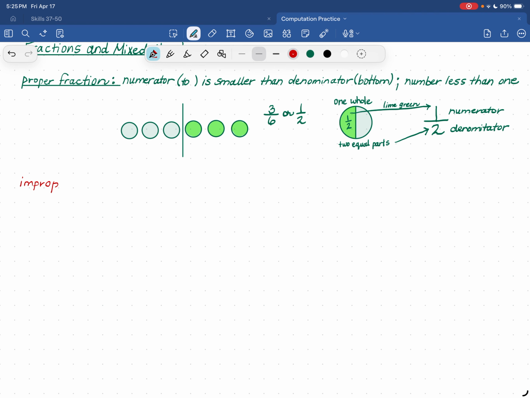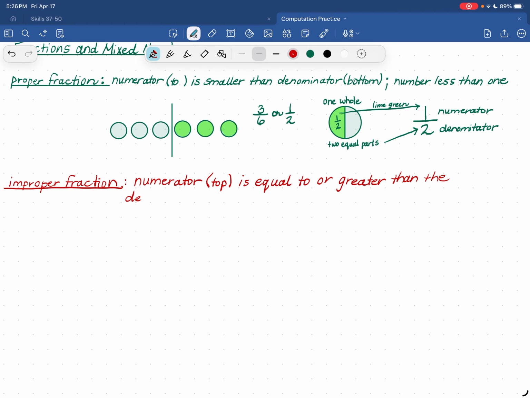Improper fraction is a fraction whose numerator, that's the top, is equal to or greater than the denominator. And that's the bottom number.